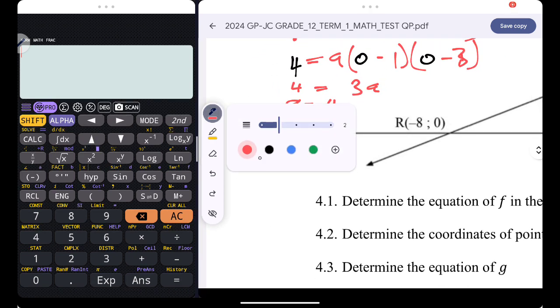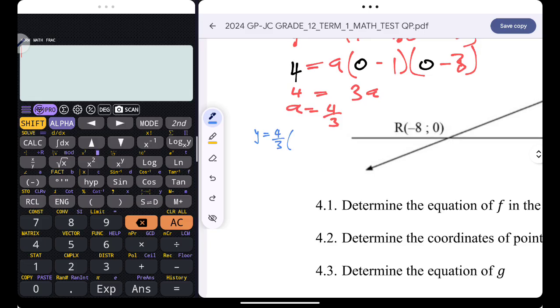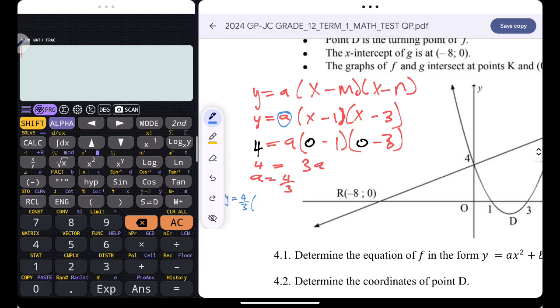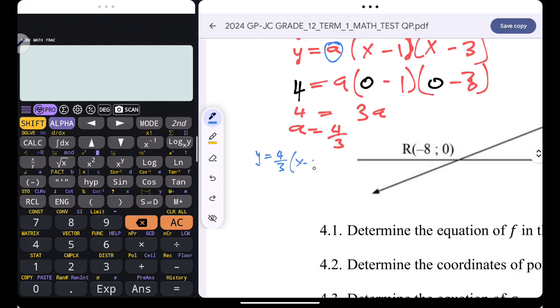So therefore the equation of the graph is y is equal to 4 over 3, times (x minus 1)(x minus 3). Remember that I only wanted to find the value of a here. All I have to do is multiply out the brackets. I still have 4 over 3 in front, and then x squared minus 4x plus 3.